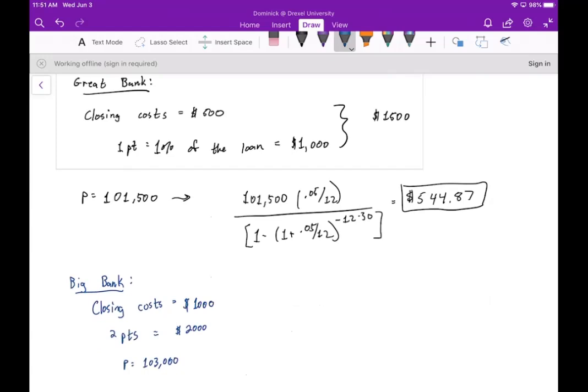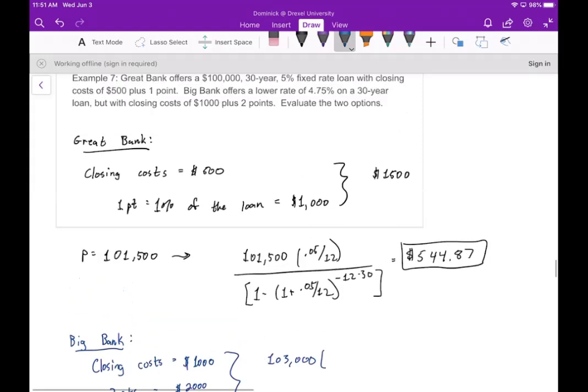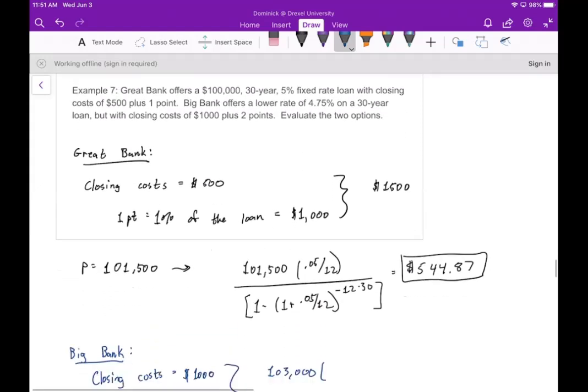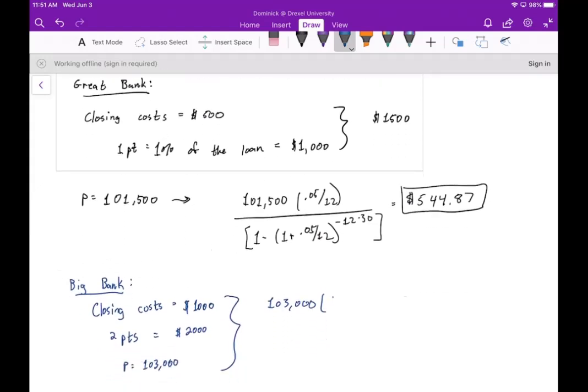Okay, now the advantage here is that we do have a lower interest rate. So we're going to do 103,000. And here I believe the interest rate was 4.75. So we need a 0.0475 over 12. And we're going to divide this by 1 minus 1 plus 0.0475 over 12 to the minus 12 times 30.